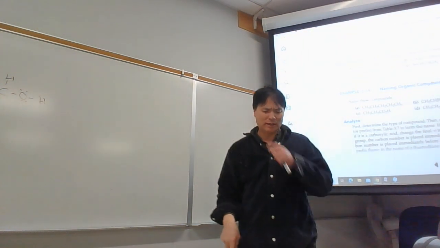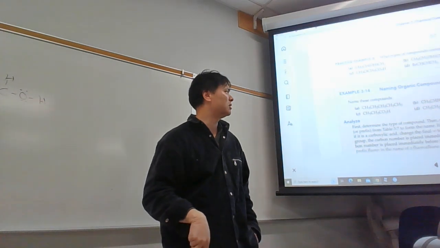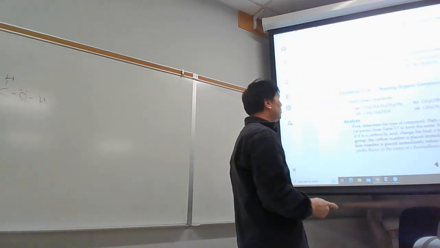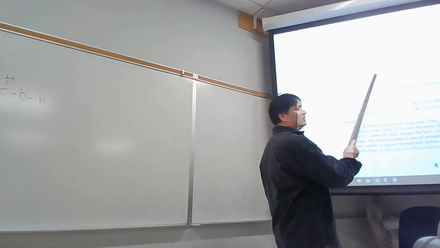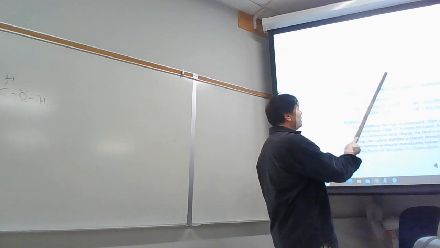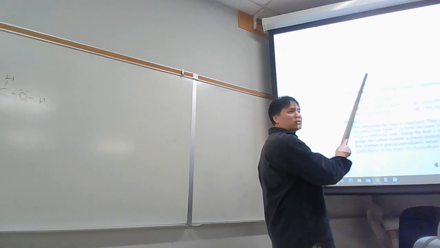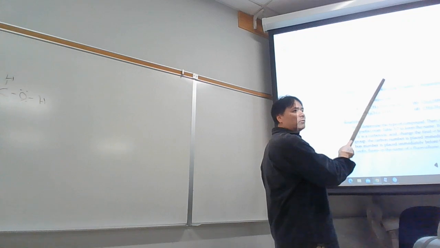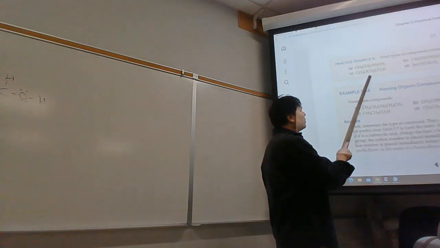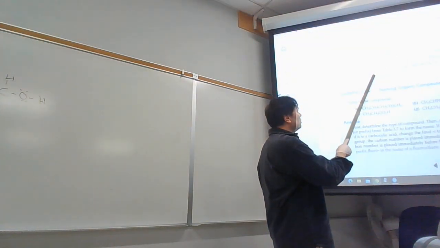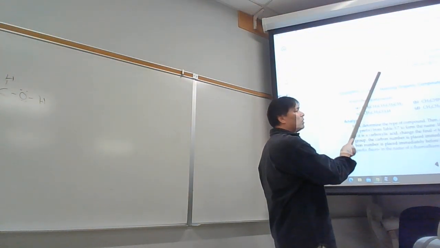You don't have to do anything that complicated. You just need to know the very basic ones. Knowing that, what is this one? This is a chloro and a carboxyl. Those are the 2 functional groups. Which one do you think is carboxyl? So this is a carboxylic acid. How many carbons? 1, 2, 3 carbons.